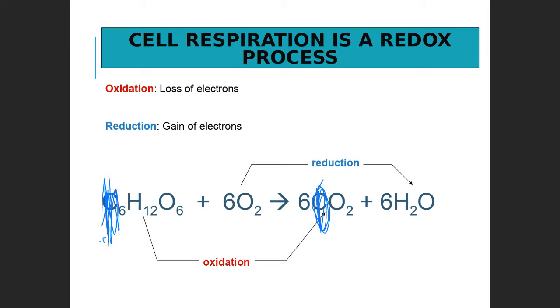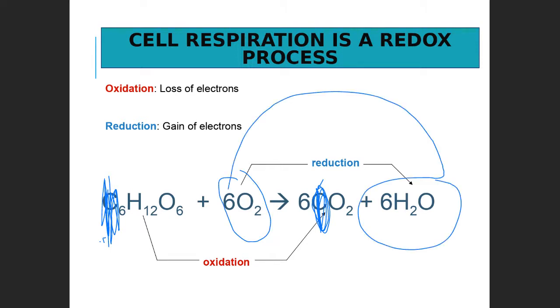Oxidized to CO2 means it is going to lose electrons. Reduction is the gain of electrons, since electrons are negatively charged. So the oxygen gained electrons to become a molecule of water.